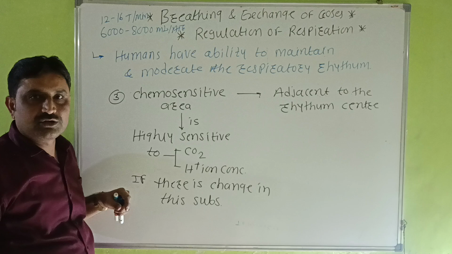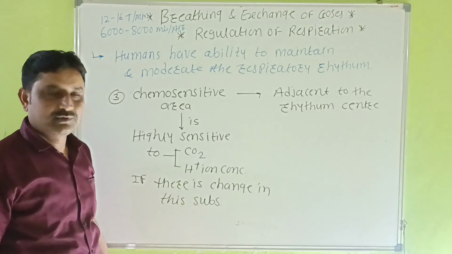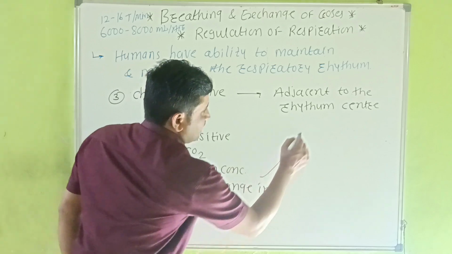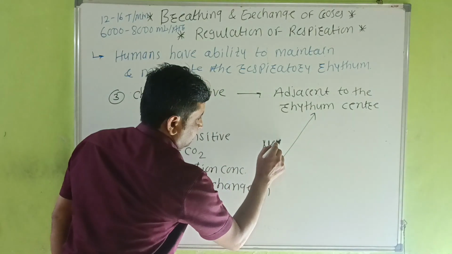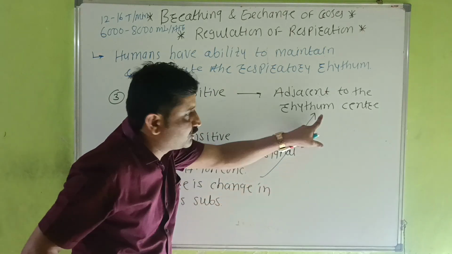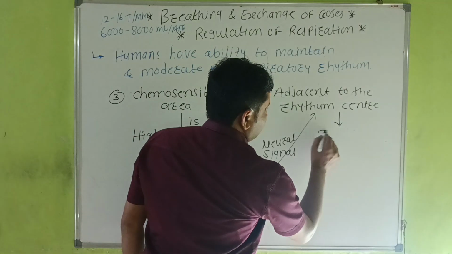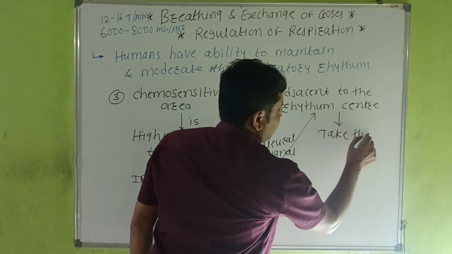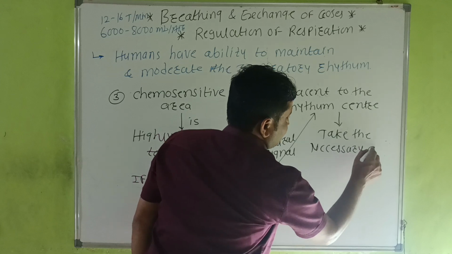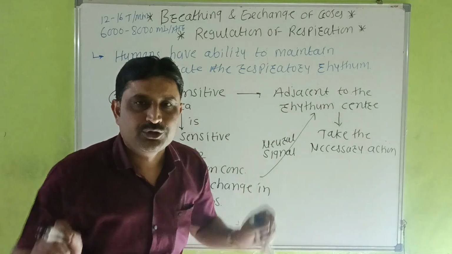CO2 and hydrogen ion concentration. The neural signal is given to the rhythm center. अगर कोई चेंज है तो यहाँ से न्यूरल सिग्नल जाता है. न्यूरल सिग्नल कहाँ जाता है? Neural signal will reach to the rhythm center, and then the rhythm center will take the necessary action so that the rate of respiration become normal.